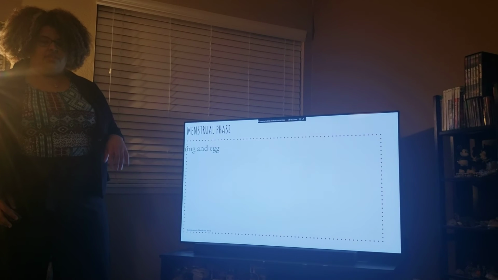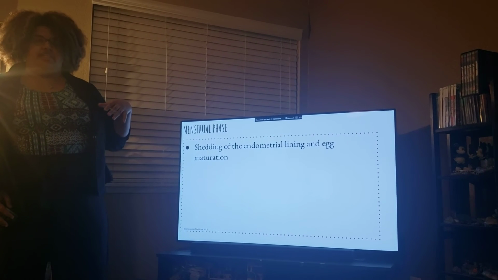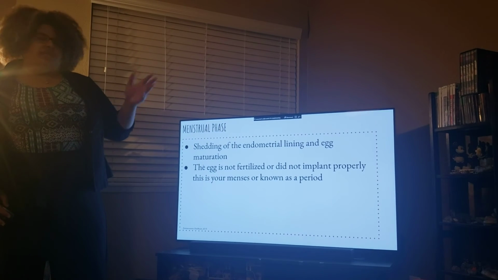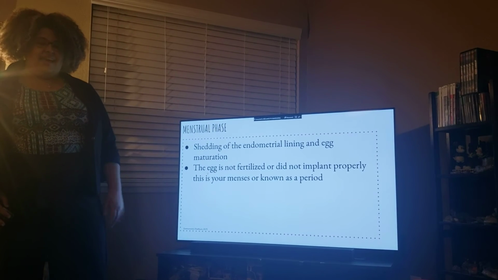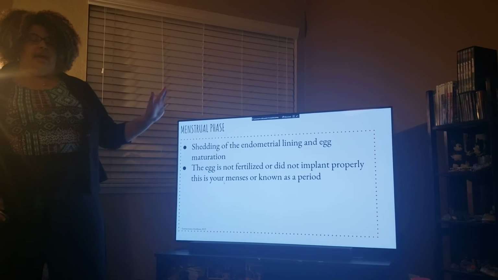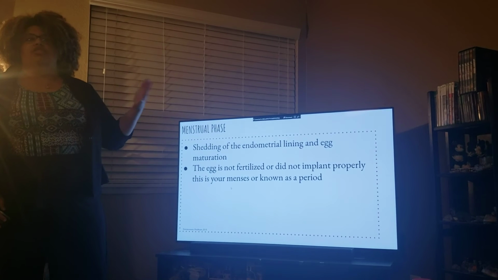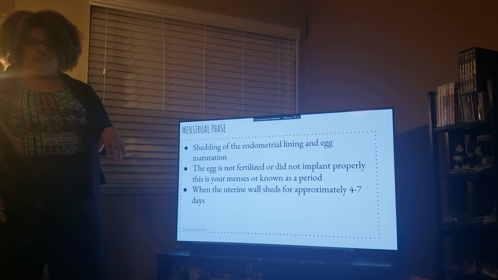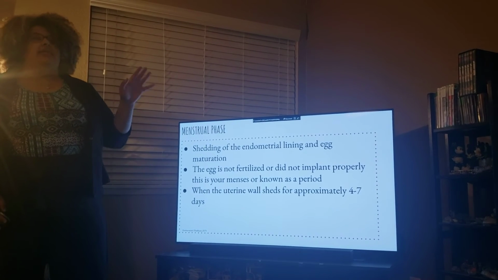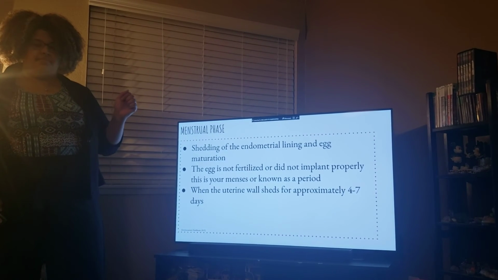All right, the menstrual cycle. This is the shedding of the endometrial lining and egg maturation. The egg is getting old, like I am. The egg is not fertilized or did not properly plant, so this starts your menses, or, ladies, known as your period. The uterine wall, again, everyone's different, approximately sheds for 4 to 7 days.